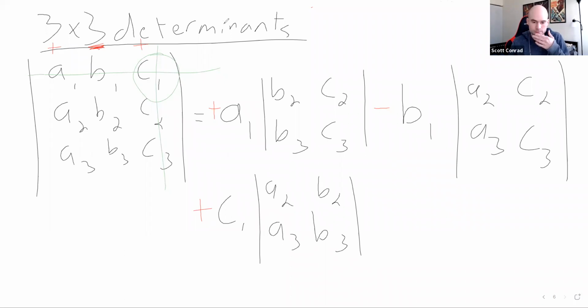Okay. So it's just that process. Remember the plus minus plus, and then go along the top row. Take your entry, cross out the row and column, multiply by the determinant, move along to the second and then the third. You'll do this a bunch, so you'll get the hang of it.